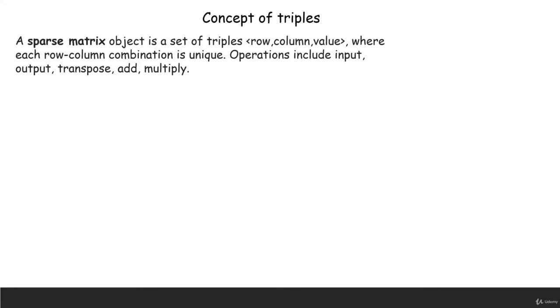A triple consists of row, column and value, whereas each row column combination is unique. And operations include input, output, transpose, add, multiply. These are certain kinds of operations which could be done on a sparse matrix.